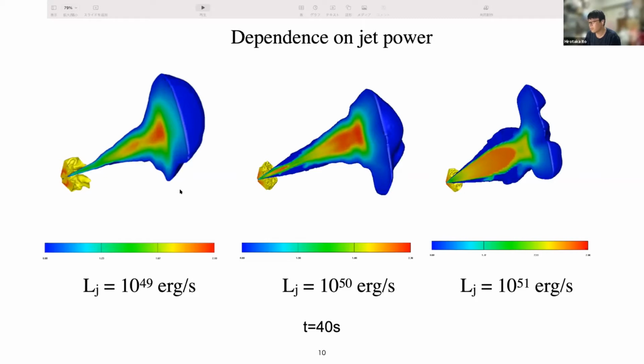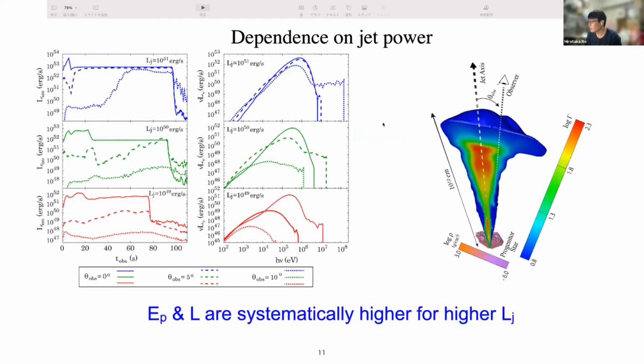As you can see, when the jet power is weak, due to the lower thrust, it struggles to break out of the star, and a global wobbling feature is seen in the resulting jet structures. On the other hand, if the jet power is higher, its propagation becomes more ballistic-like due to its higher thrust.